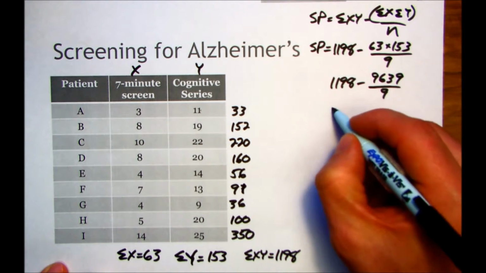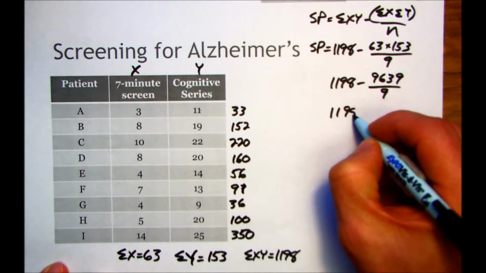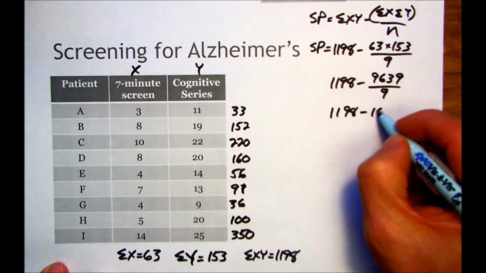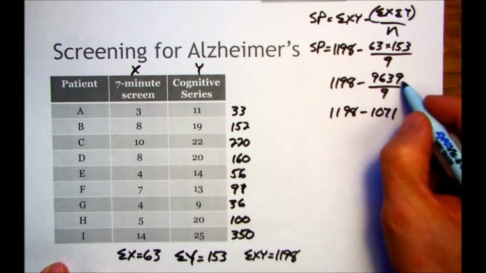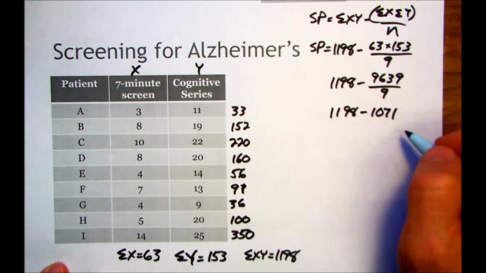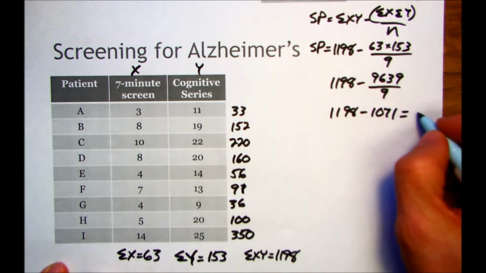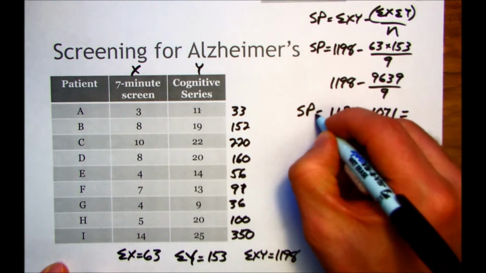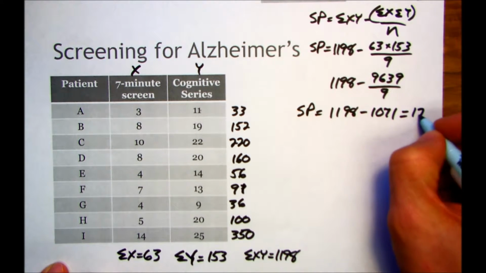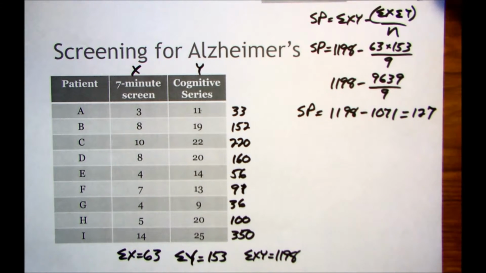We divide 9639 by 9, and we get 1071. And our sum of products then equals 127. So we've got the degree to which they vary together in our formula.